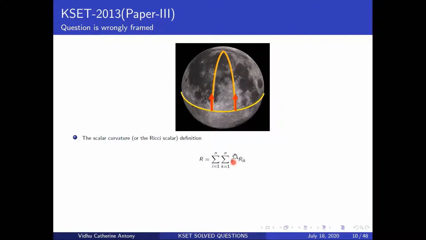Here you have something called a metric, a metric tensor, and then you multiply that with the Ricci tensor. Then you end up getting your scalar curvature, your Ricci scalar. This is how your Ricci scalar is defined, where g_{ik} is the metric tensor.